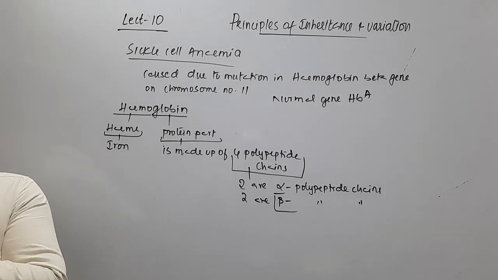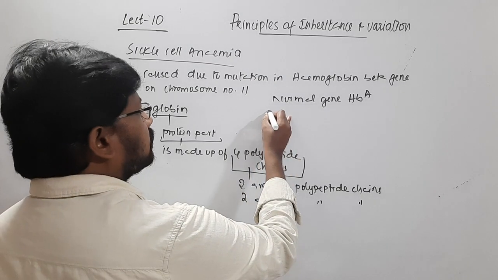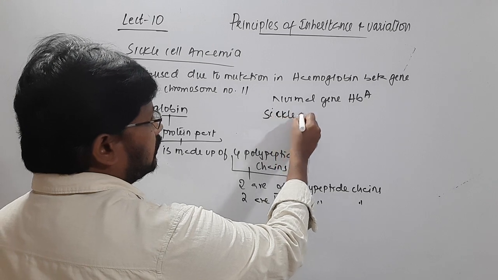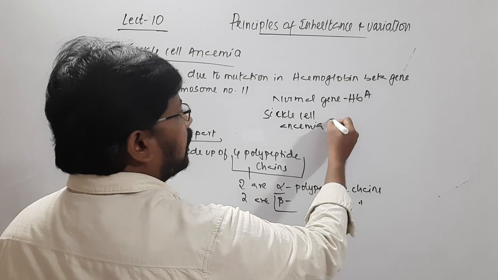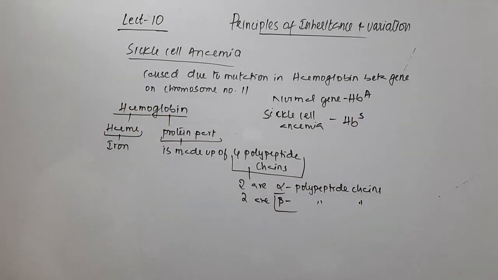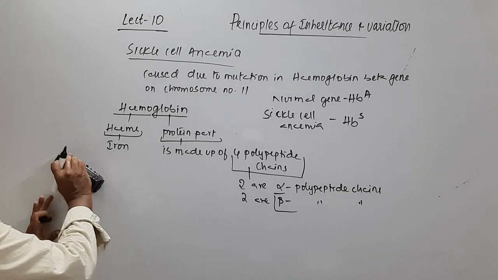HbA is the normal gene, and for sickle cell anemia I'm going to take HbS. So the normal gene is HbA, and sickle cell is the HbS gene.